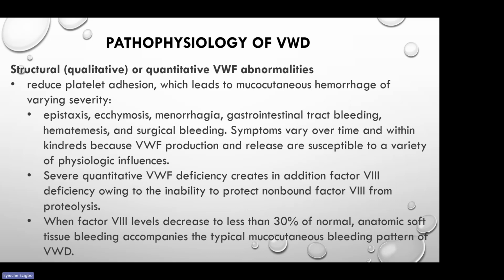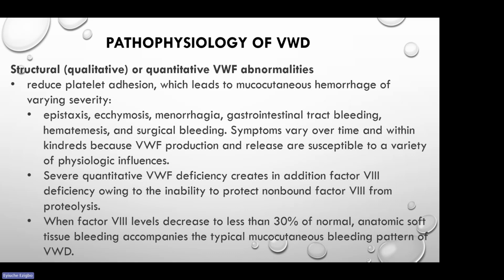Structural, qualitative, or quantitative abnormalities, from the name. Either it's a result of abnormalities in the cDNA sequence mutations, or it's a result of quantity, reduced amounts, abnormalities of the von Willebrand factor.